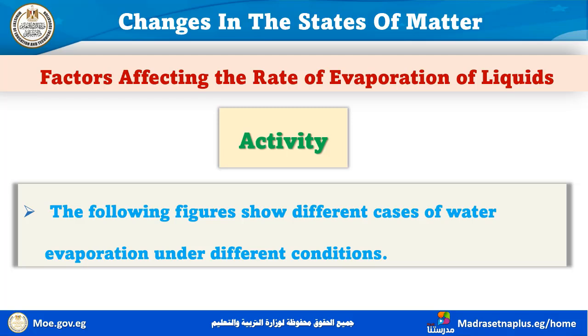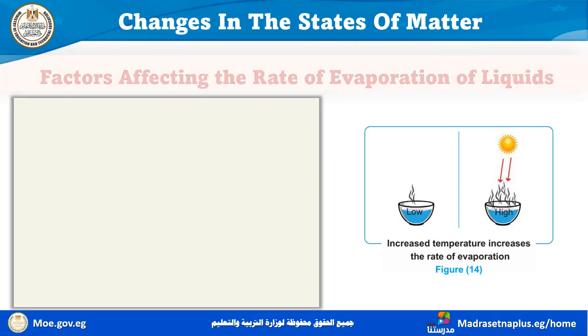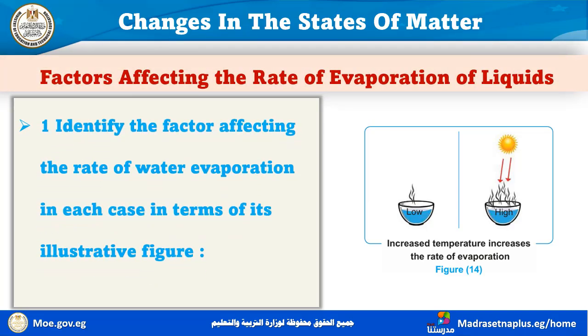Let's start with the first figure. In this figure, we see two bowls. The first one has low evaporation, and the second has high evaporation.